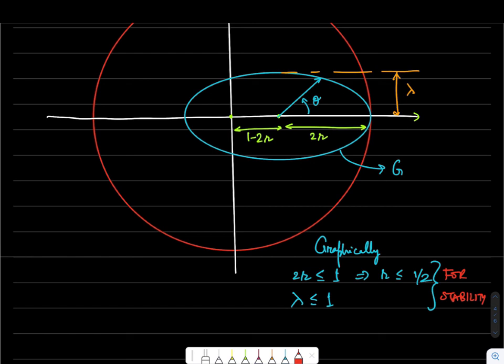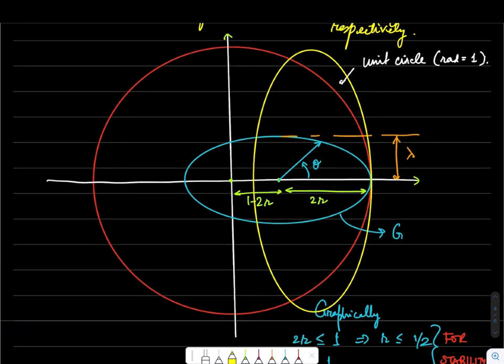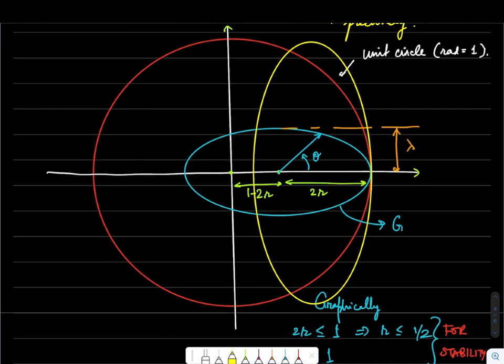However, it is also quite likely that the ellipse may not be of this type, but of a slightly different form. So let me show you what that other ellipse could be. As you see, the other possibility is that lambda could be more than 2r, and so the minor axis and the major axis get flipped.